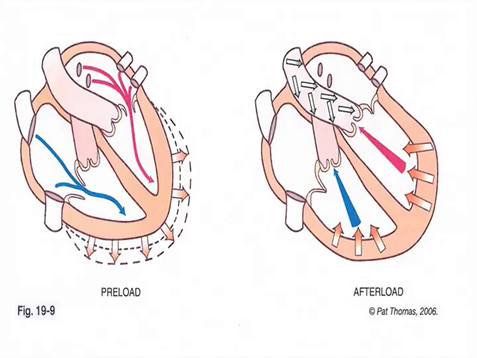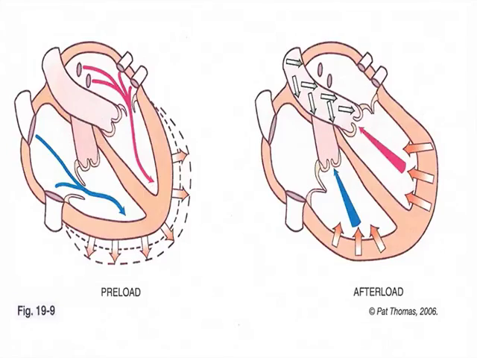Afterload is the opposing pressure that the ventricle must generate to open the aortic valve against the high pressure. So afterload is actually the resistance or pressure. It's not volume, whereas in preload, it's the volume that causes this stretch or this power, whereas afterload is the resistance.